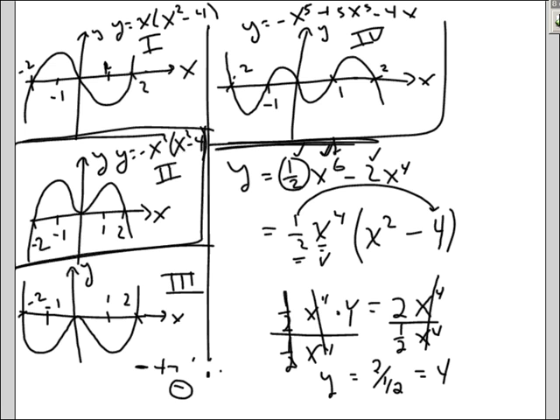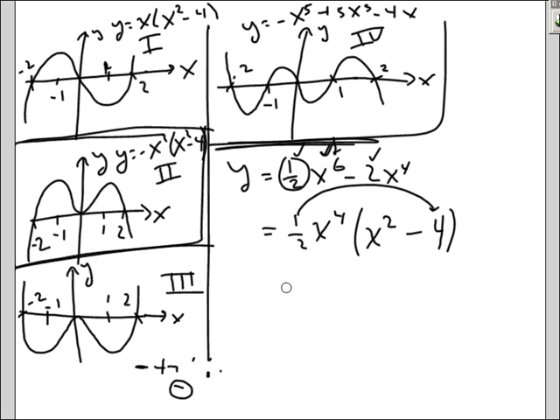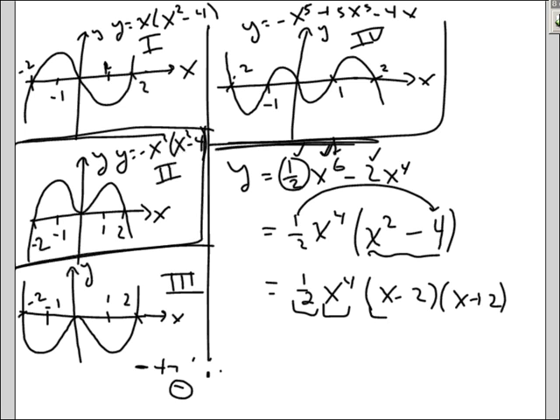Okay, let's get rid of the side work. So we have 1/2 x to the 4th. And we should be experts now on factoring x squared minus 4. Well, the zeros are the x values that make each of those underlying factors 0. The first factor, half, is never 0.